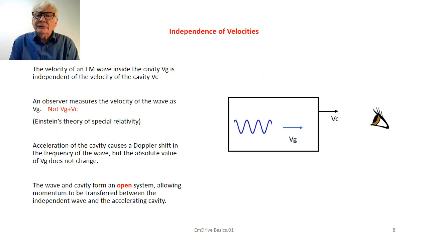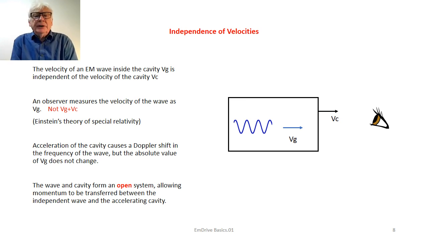One thing that is unique about an electromagnetic wave is that it obeys the laws of relativity. Therefore, the velocity of the electromagnetic wave is fixed, and in free space it is a maximum of c, 3 times 10 to the 8th meters per second.